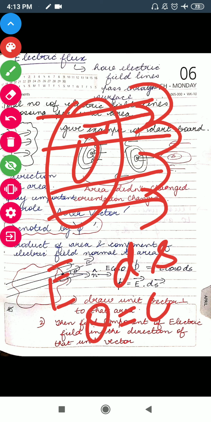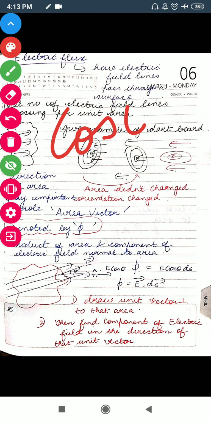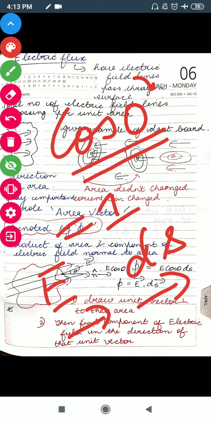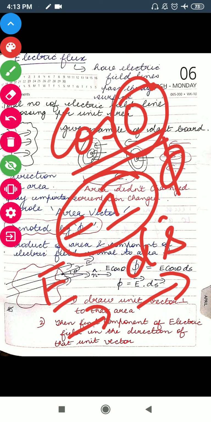So theta will be 0 in this case, and you know that the value of cos 0 is 1. So when electric field and area vector are in the same direction, the angle is 0, cos 0 is 1, and your flux is going to be maximum.